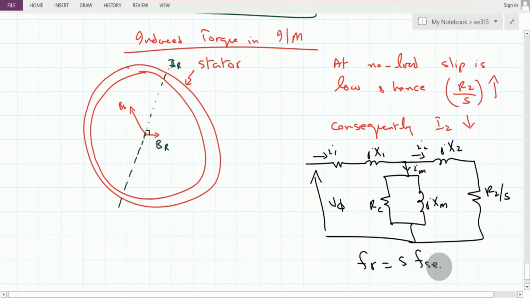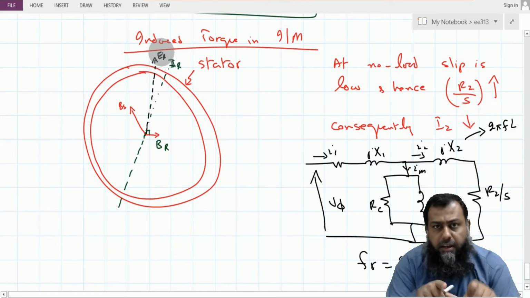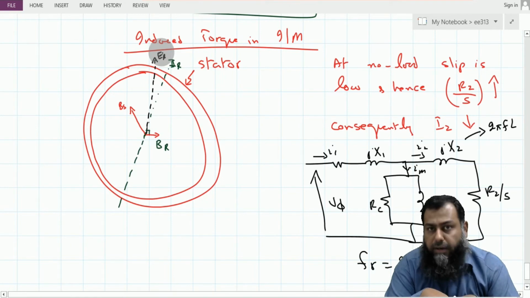So if the slip is low, not only is R2 over S high, but the rotor frequency is very low. With the rotor frequency low, the impact of the inductive part, which is 2 pi FL, contributes very little in the rotor circuit, and therefore this IR and consequently the voltage which is induced in the rotor are quite close to each other, near to the unity power factor.